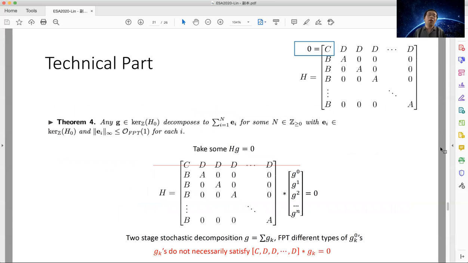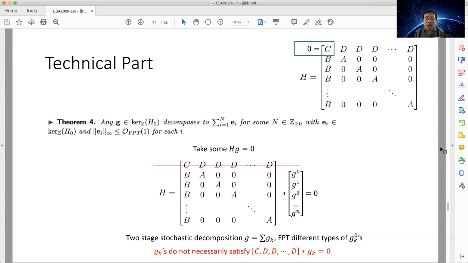To prove this, we are just using a very natural idea. Let's take an arbitrary kernel element, and we try to prove that it can be decomposed into thin kernel elements.